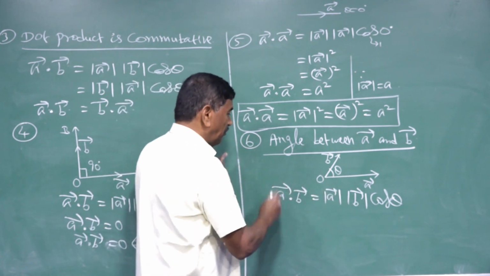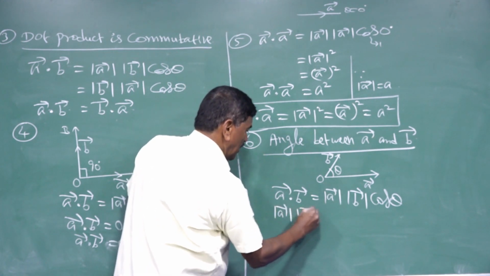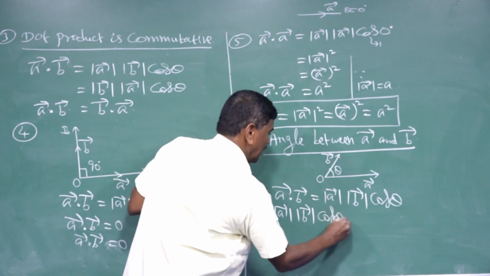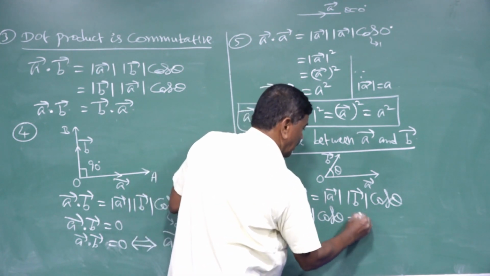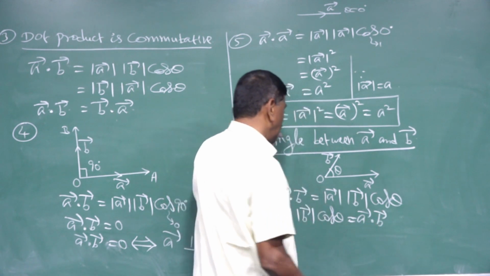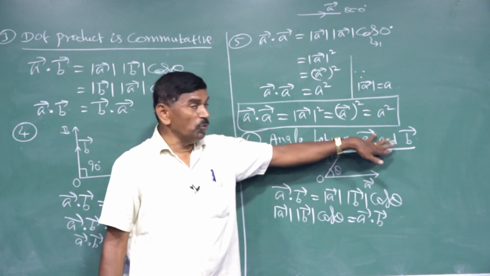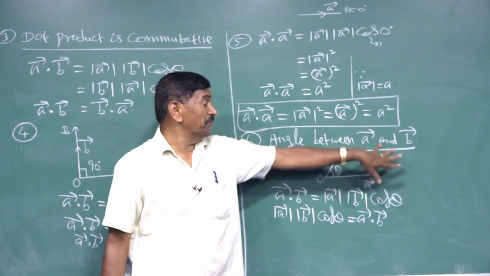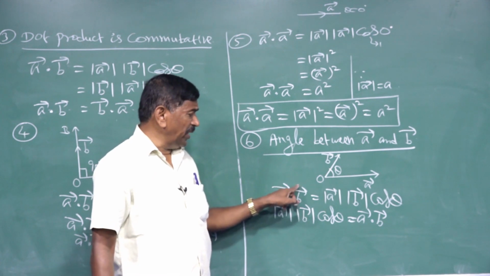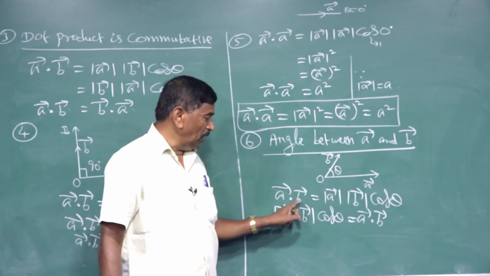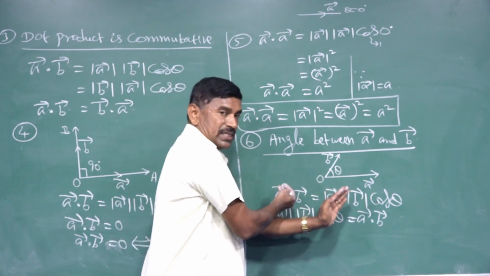By reversing, we get modulus A vector into modulus B vector into cos theta, which is equal to A vector dot B vector. By the definition of dot product, A vector dot B vector is equal to modulus A vector into modulus B vector into cos theta. For my convenience, reverse it.